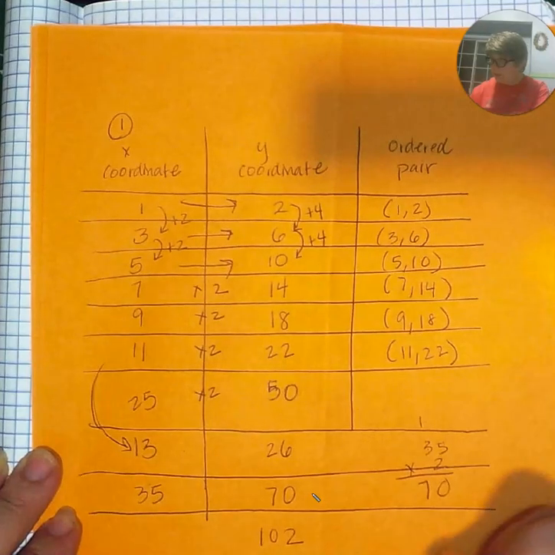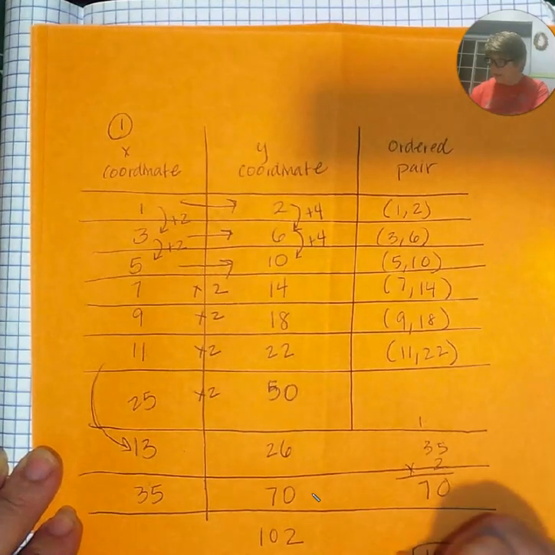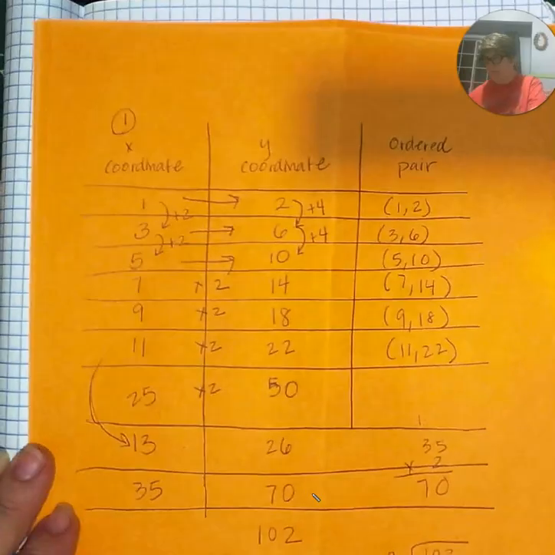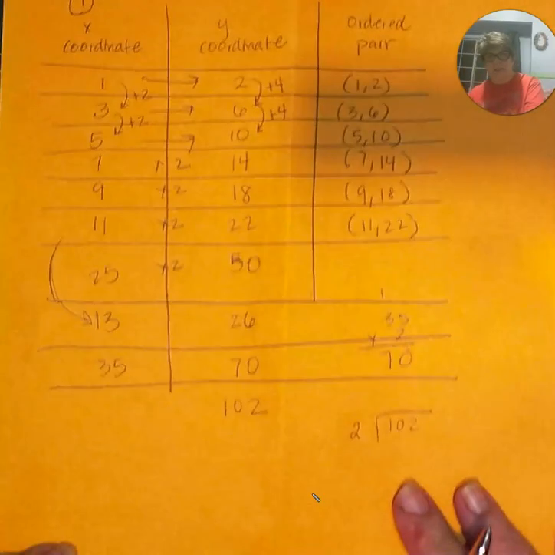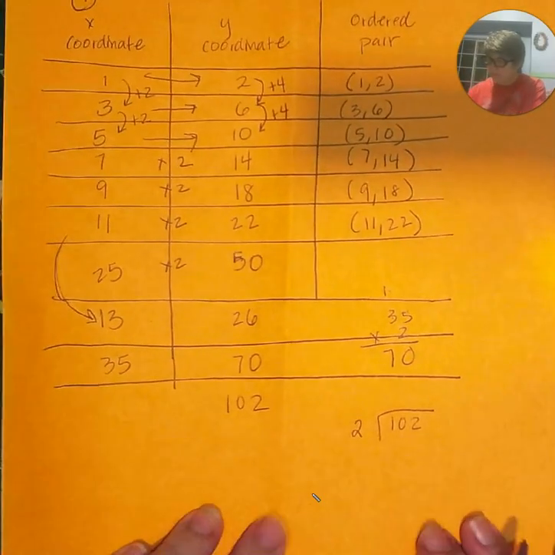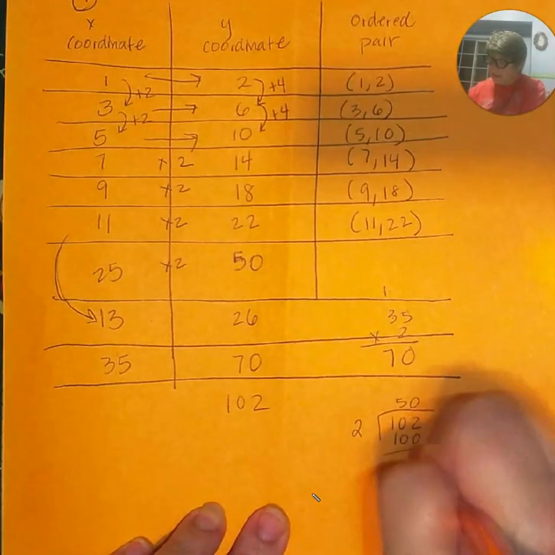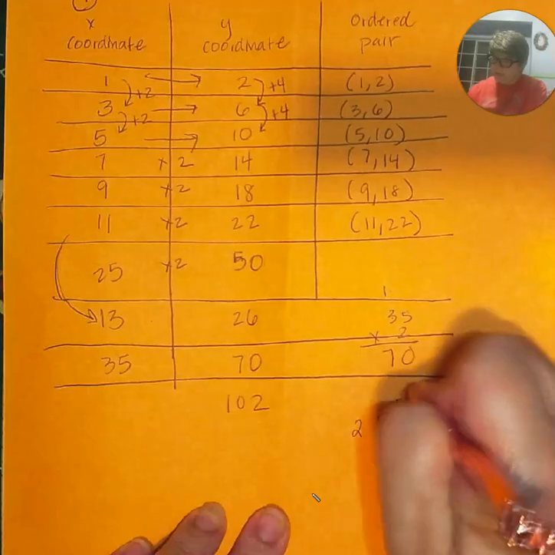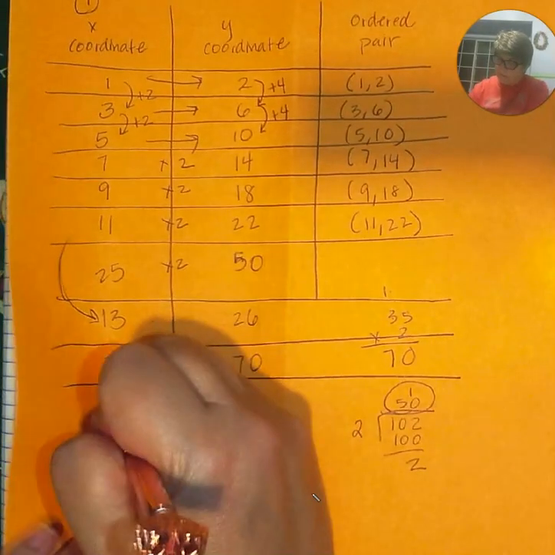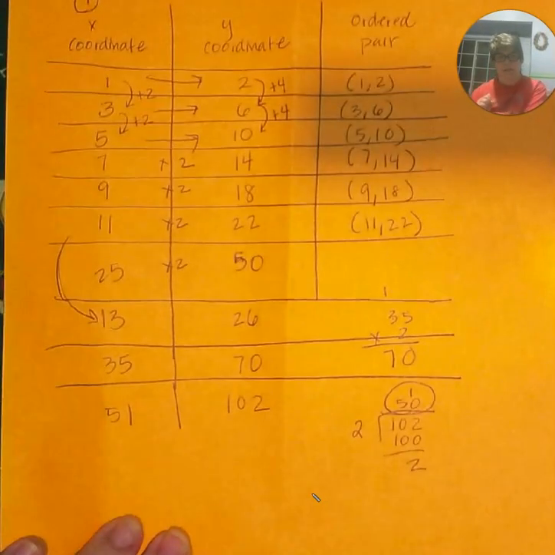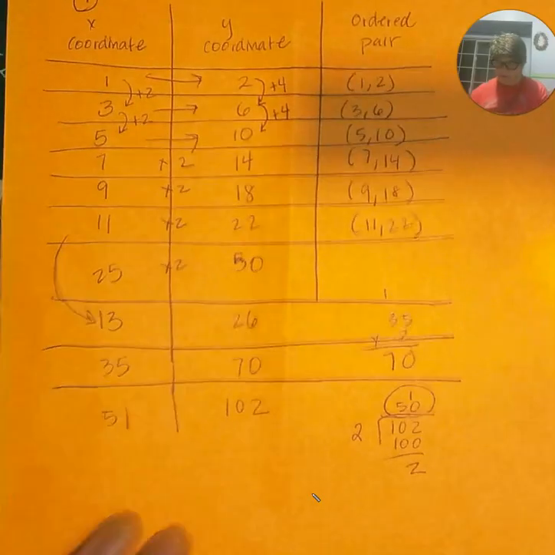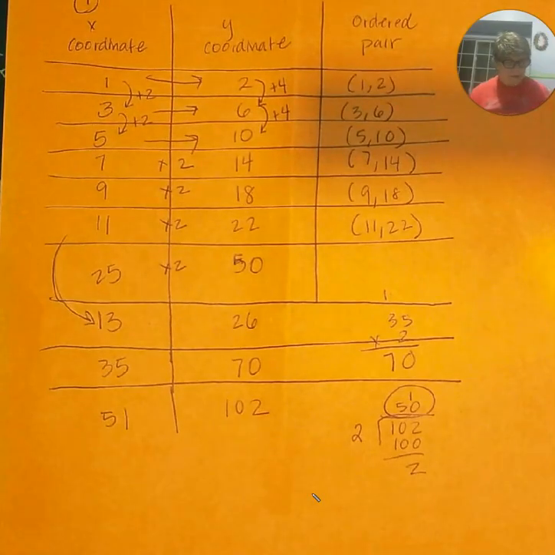Can we do 102 divided by 2? Oh, sorry. Helps if it's on the screen, right? There we go. 50 would be 100. And 2 would be 1, so 51. Yes? All right. Fabulous.